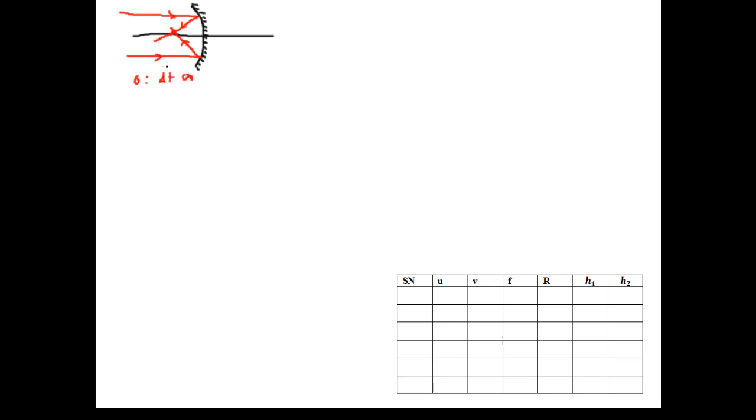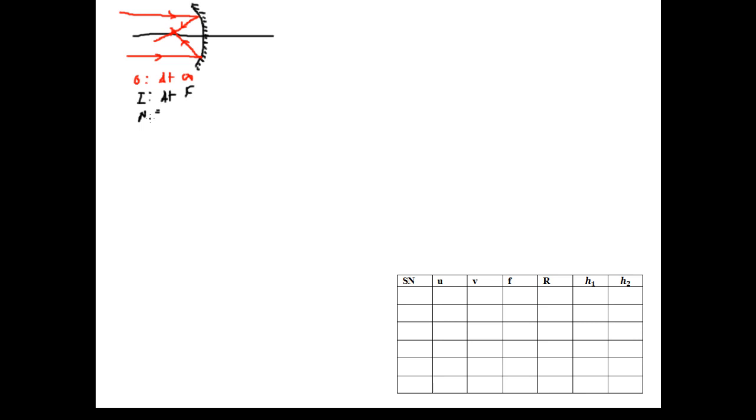Here you see, there is the definition I taught you in the beginning. It's converging, so it is a real and inverted image. What will be the size? Size will be very small, point-sized or highly diminished. That's it.